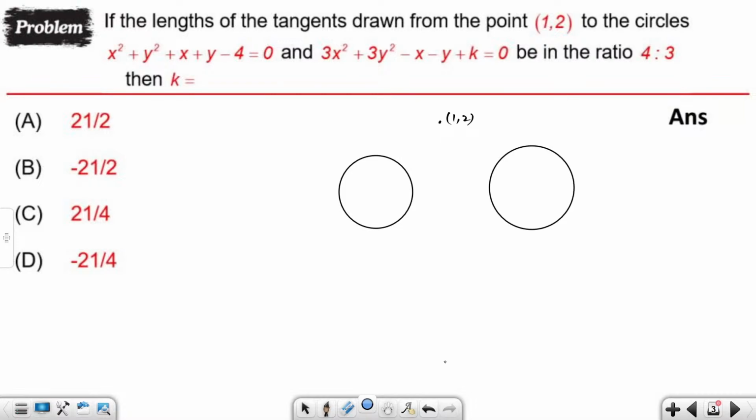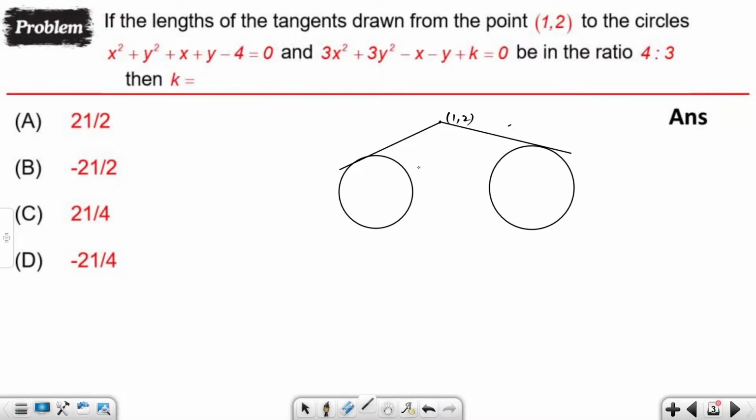So if I draw those two tangents, this is the first tangent, and in the second circle I have drawn this tangent, right? Now they have said that the lengths are in the ratio 4:3.